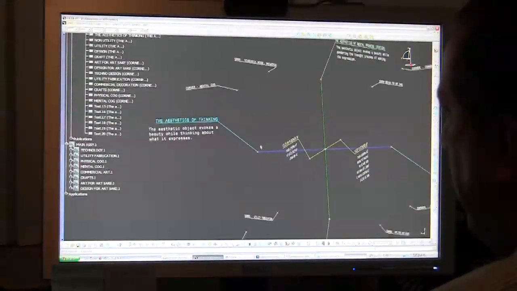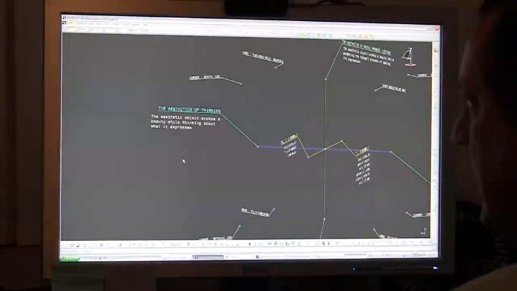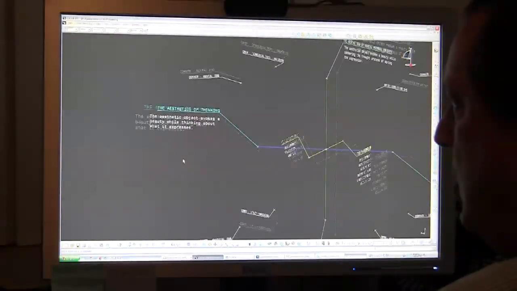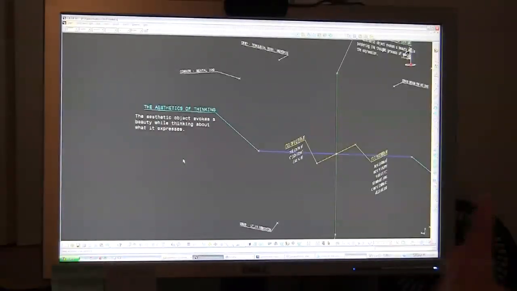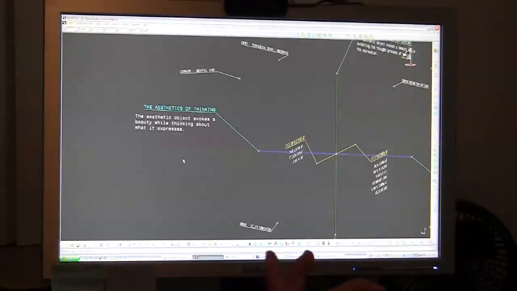At the other end of that blue line we have the aesthetics of thinking, which is where an aesthetic object evokes a beauty while thinking about what it expresses. So what's important here is you're thinking about what the object expresses. A good example of this is looking at a proof of the Pythagorean theorem.